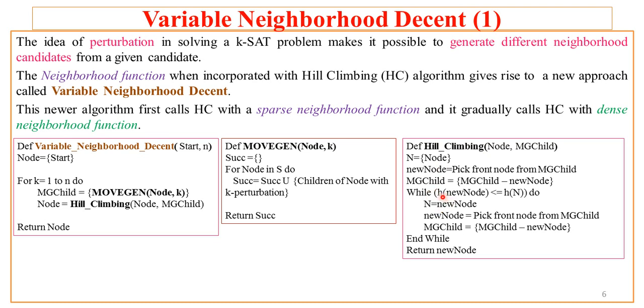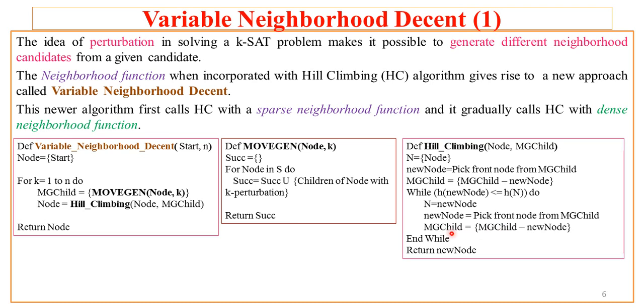Now it will see whether the newly generated child has a better heuristic than the current one. If it does, then your current is the new node. Then it will try picking the next child of the move-gen child, and then remove it.